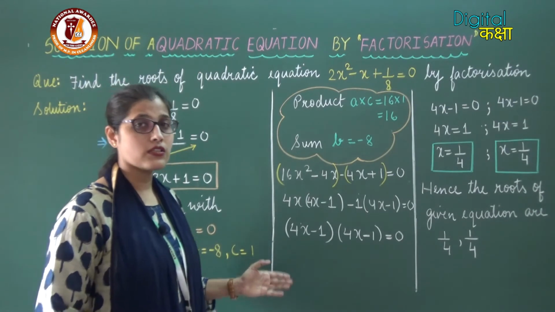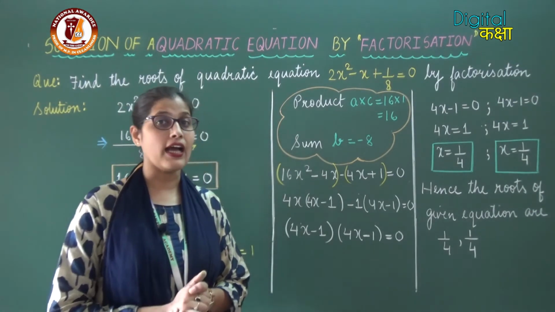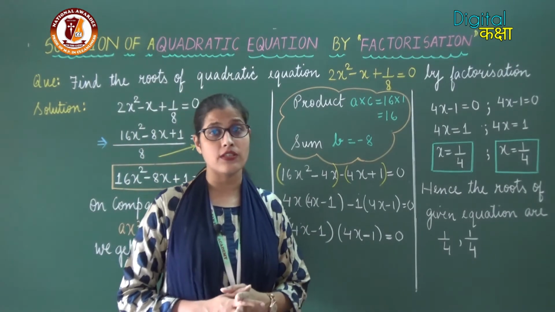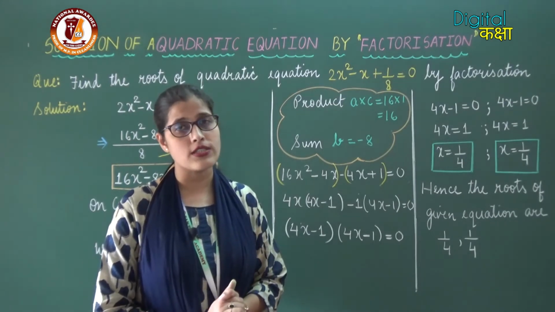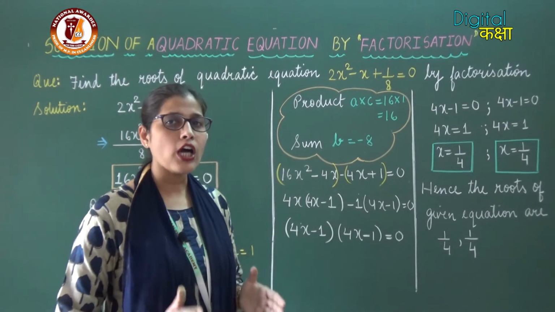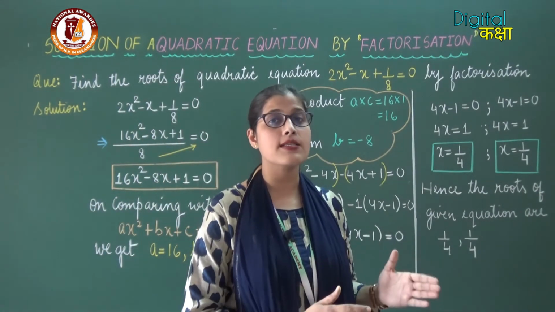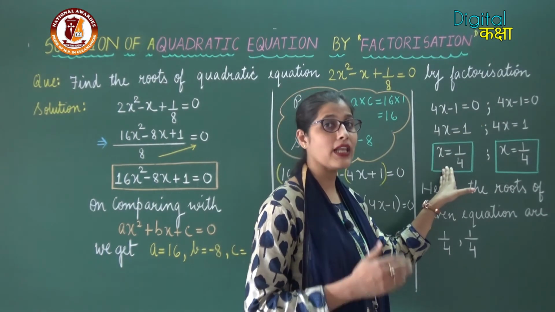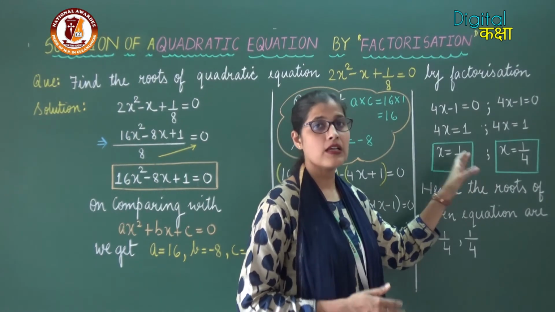Since these two are the factors of the given quadratic equation, and as we need to find the solution of the given equation, we will be equating each of its factors equal to 0. On equating the first factor, which is 4x minus 1 equals 0, we will be getting the value of x equals 1 upon 4.